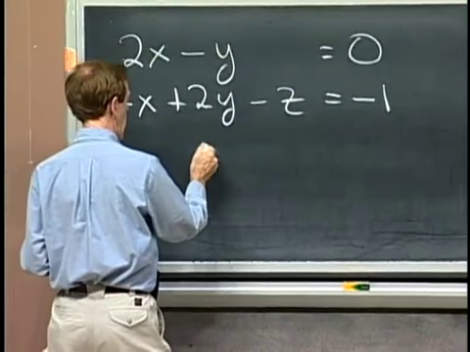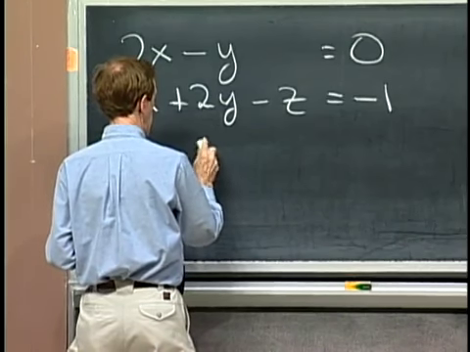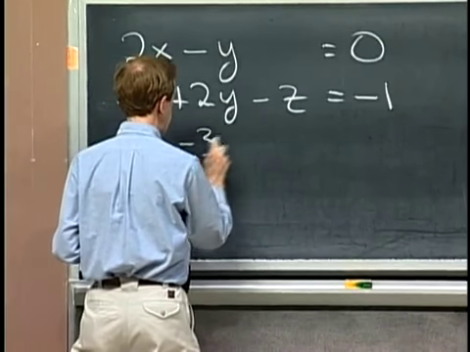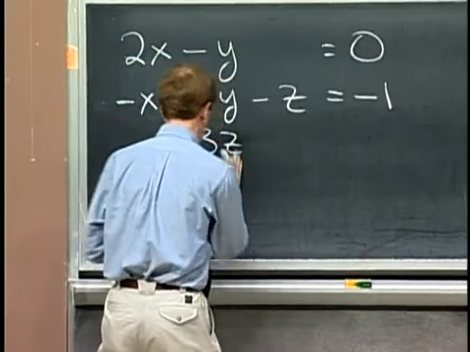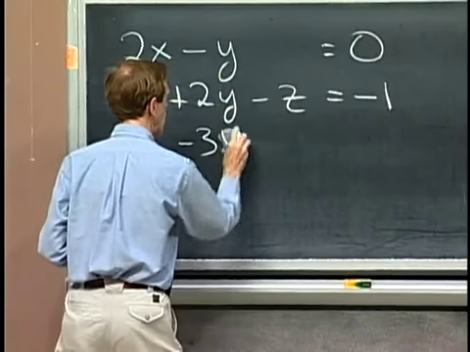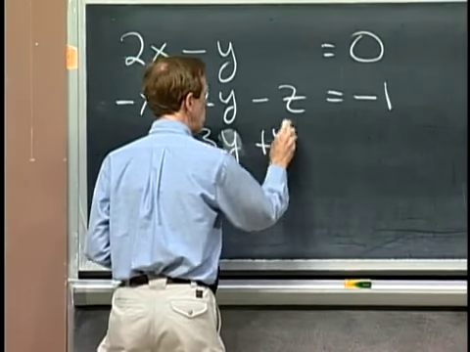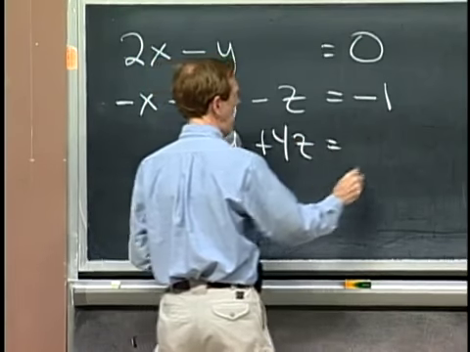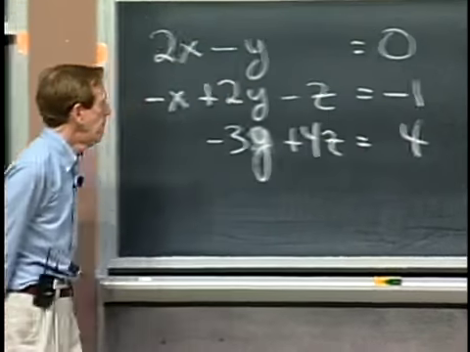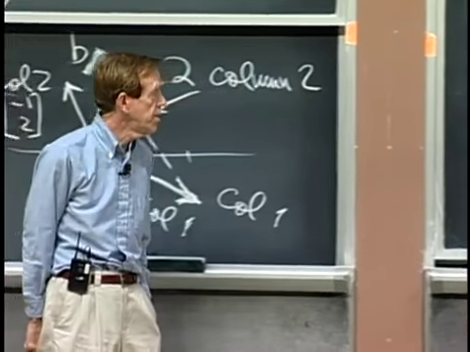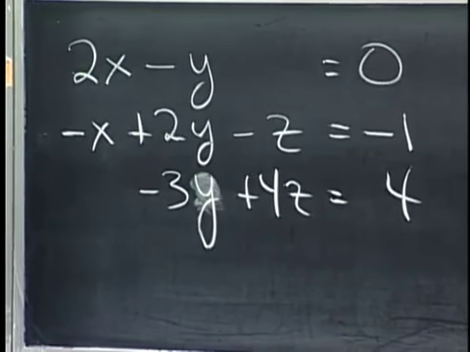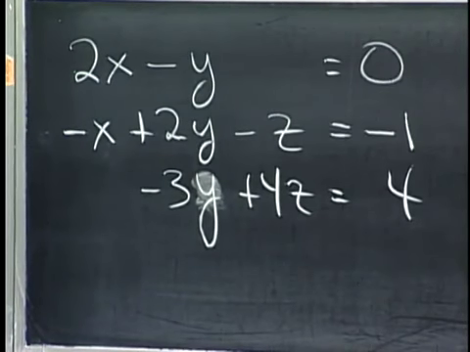And just for variety, let me take minus 3y's, and I should keep the z's in that line, and 4z's is, say, 4. Okay. That's 3 equations. I'm in 3 dimensions, x, y, z.